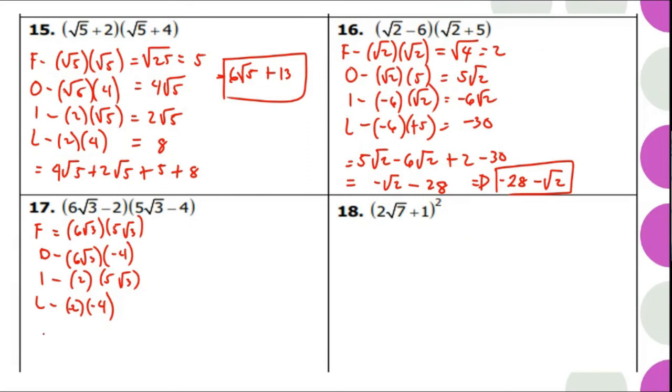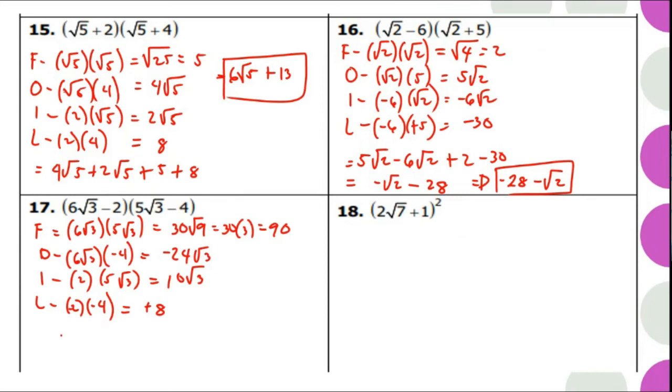Okay, so now we will multiply. We will have 30 square root of 9, and that is 30 times 3 equals 90. Then you will have negative 24 square root of 3, then 10 square root of 3, and negative 2 times negative 4 is positive 8.